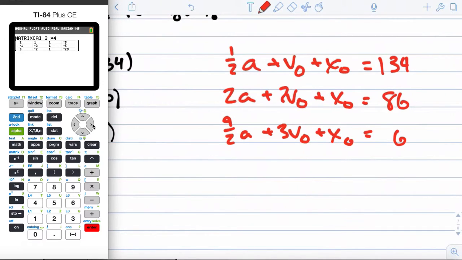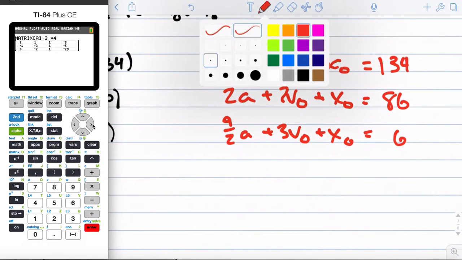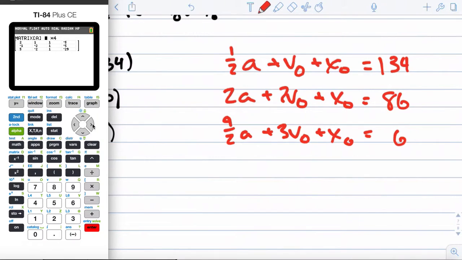Okay, so let's put that in our matrix. It's a 3 by 4. I want 0.5, 1, 1, 134. I want 2, 2, 1, 86. I want 4.5, 3, 1, 6.